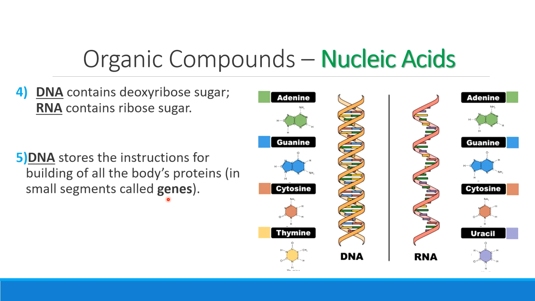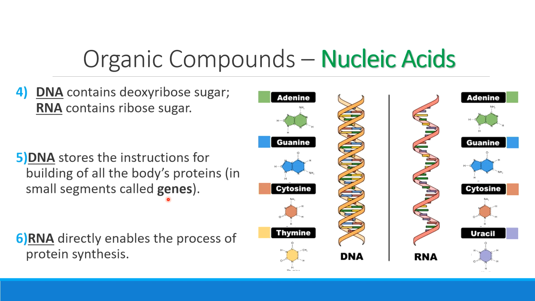Genes are holding directions for specific proteins that the body is going to make. RNA then leaves where I have this stored information and goes out to ribosomes to actually enable the process of protein production. So RNA is the boots on the ground getting the job done, where DNA is the head honcho in the office barking all the orders.